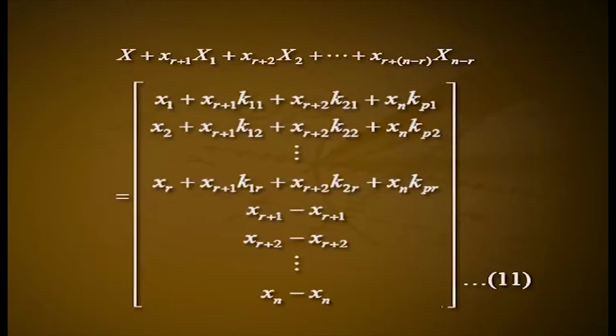Expression 11. Being a linear combination of solutions, by theorem 1 the vector in expression 11 is also a solution. Also note that the last n minus r components of the column matrix in 11 are all 0.